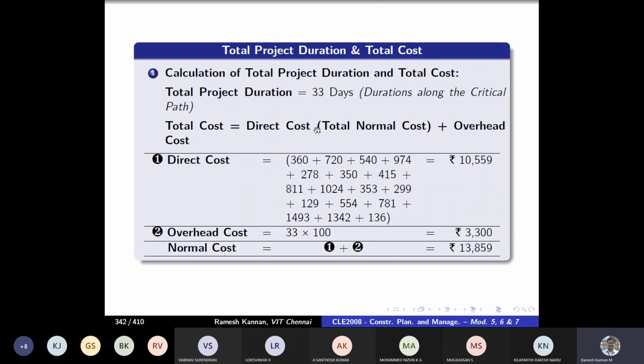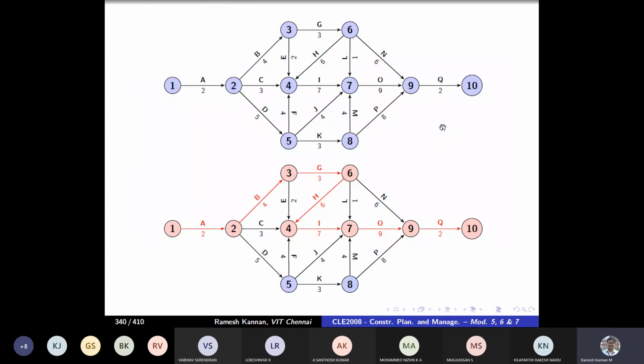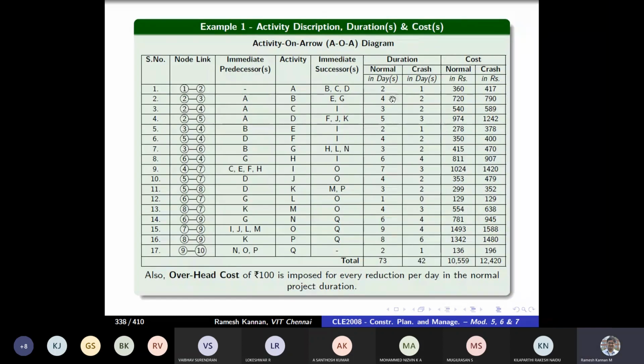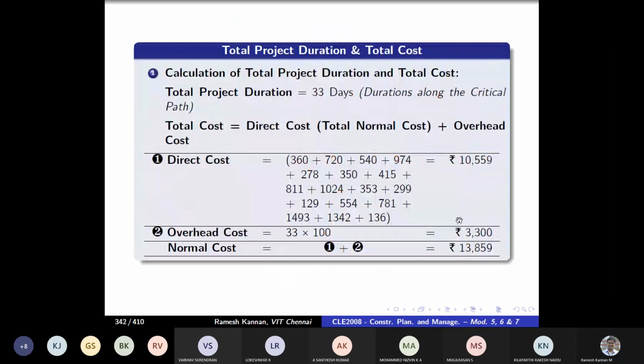The total cost equals the direct cost, which is the total normal cost, by adding all these things. Direct cost is all the same, 360, 720, up until 136, and the total direct cost is 10,559. Then overhead charges.